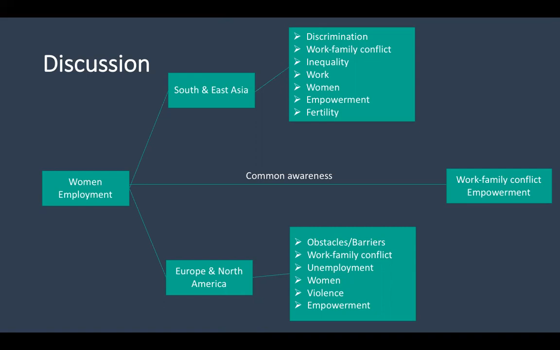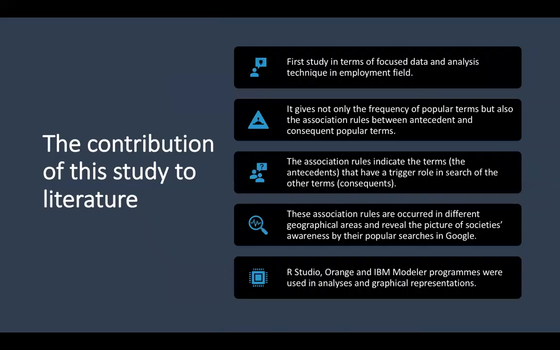When we look at their common points, work-family conflict and empowerment can be seen as the common associated terms within the two regions. So this is an important finding. It means that women are generally searching these two terms together, and work-family conflict is particularly important in female employment.